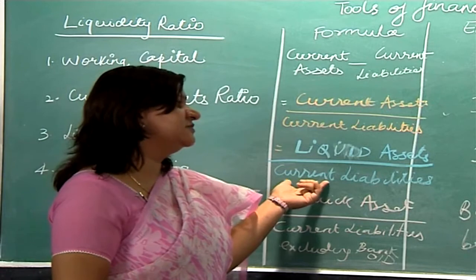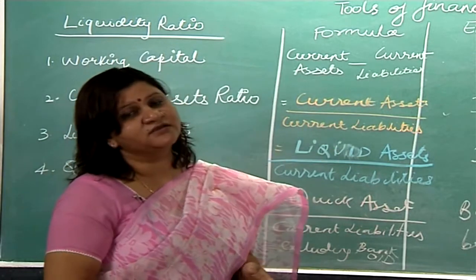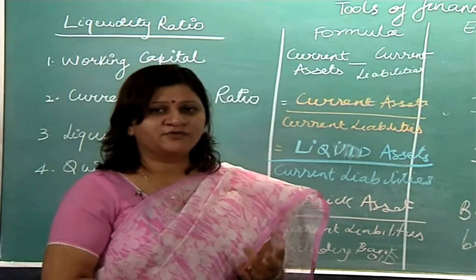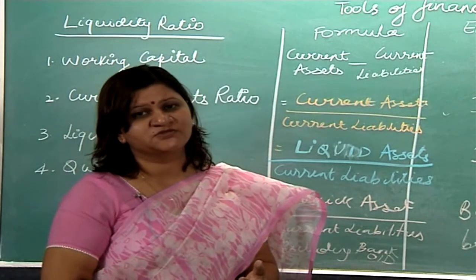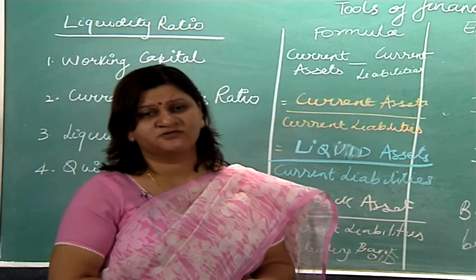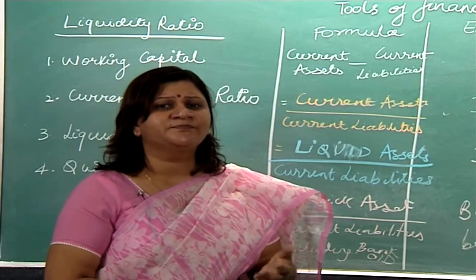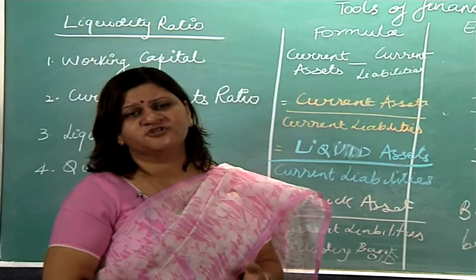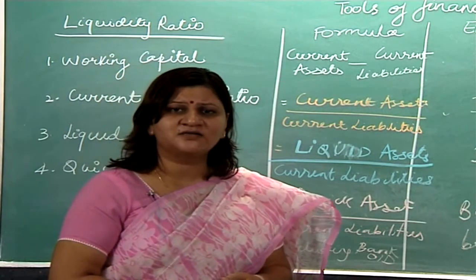Current liabilities will be same as that of the current asset ratio. That means bills payable, creditors, outstanding expenses, provision for taxation if any, provision for the debtors, or the proposed dividend if any, they shall all form part of the current liabilities.